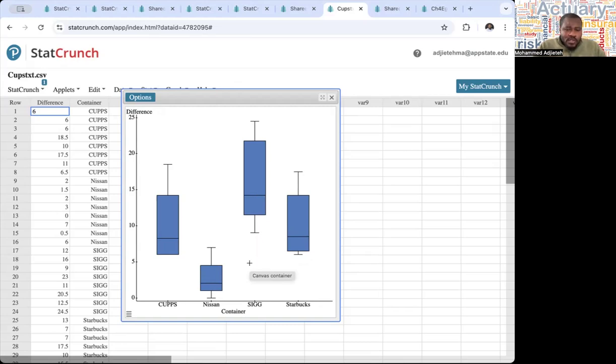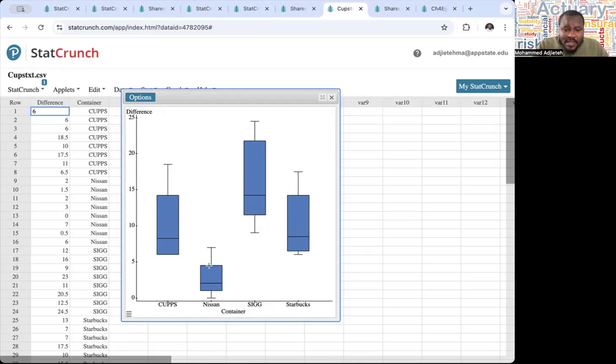Now, the other thing you could see, look at the boxes here. Can you see that the box for the Nissan is the shortest? So what does it mean? Remember, these boxes are the IQR, the interquartile range, which we talked about at the beginning of this class. And remember, in our previous chapters, we learned that we use IQR to measure variation. And remember the example we did about the playground and the classroom.